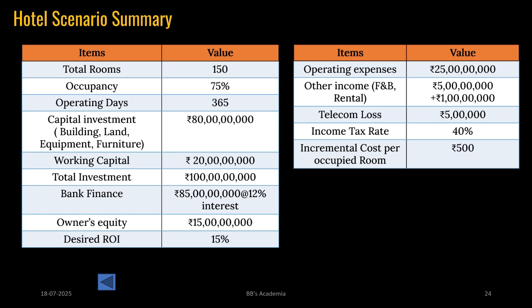Other income from F&B is 5 crores, and from rental, that is ancillary income, 1 crore, altogether 6 crores. Telecom loss: guests will use the telephone, and it is considered that 5 lakhs will be the telephone loss.